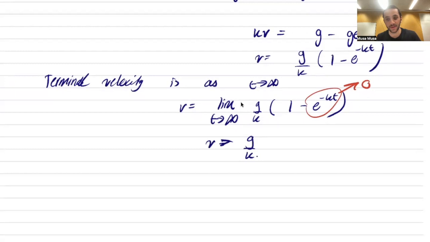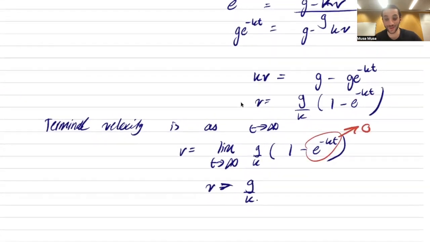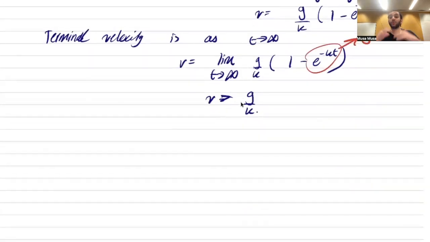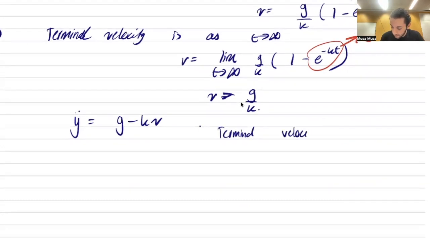I mean, it says hence, so in that case, this is the only way of doing it because you have to use part A. But to show my point about net force equaling 0, go back to your y double dot equation, which was g minus kv. We have terminal velocity when y double dot equals 0.